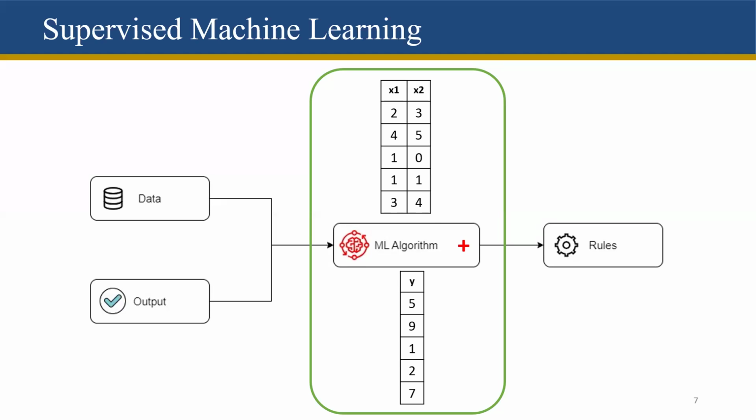Because what I ended up doing with this random selection of data set is that the relationship between x1 and x2 with respect to y is that when you add these two numbers, you get your y. So for instance, 2 plus 3, we are getting a 5. 4 plus 5, you are getting a 9, and so on and so forth. So we get the rule over here. Now this rule then becomes a model.